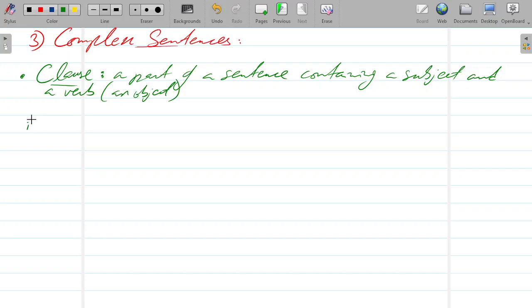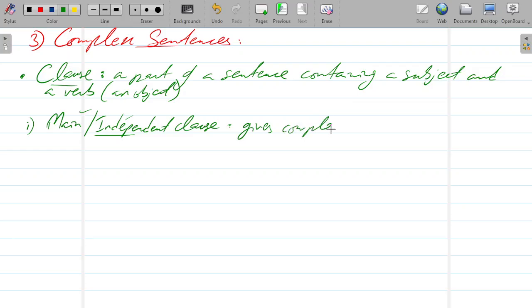The first type is known as the main or independent clause. It has the characteristics of a clause, so it's a part of a sentence containing a subject and a verb and possibly an object. Both these terms, main and independent, are used for it. The main or independent clause gives complete meaning on its own.